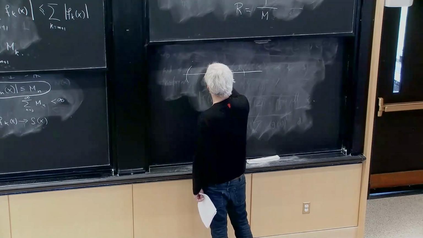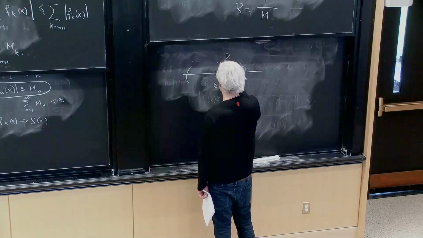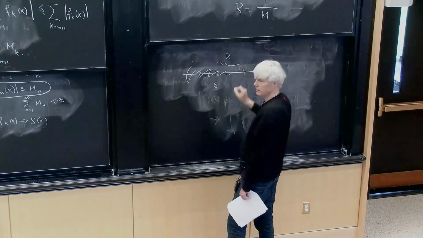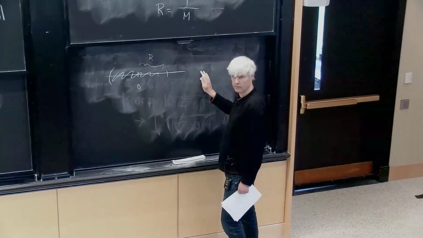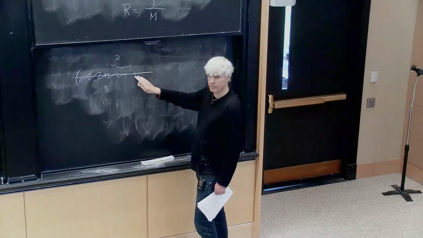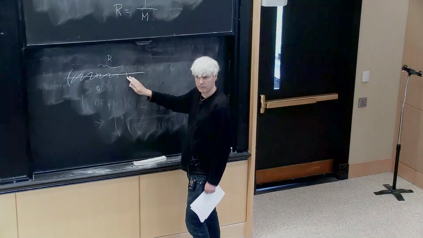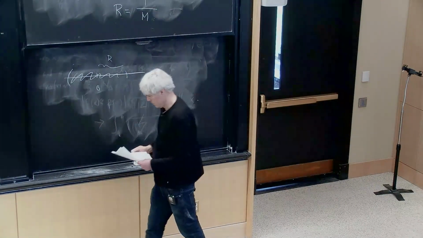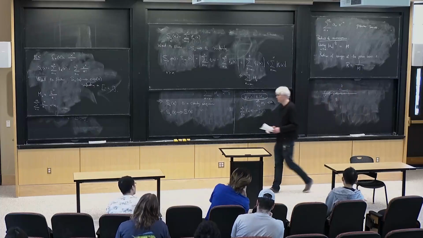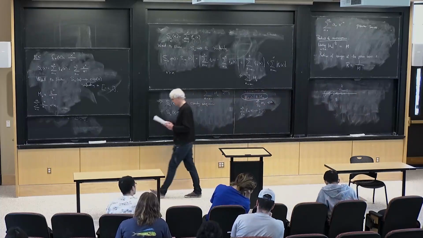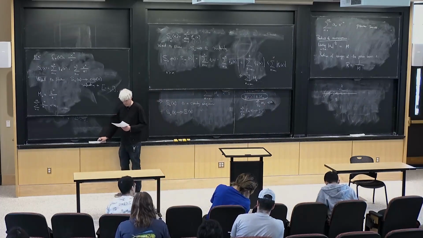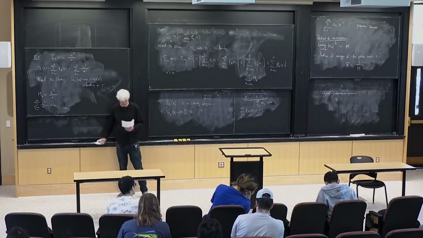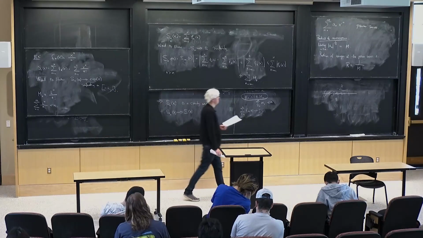If this here is R, it's convergent inside here, and it's divergent outside. But it's not completely clear what happens on the boundary, right? So you have to check the boundary separately, and that depends on the power series. There's no general formula for that.